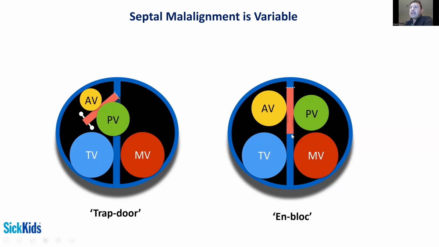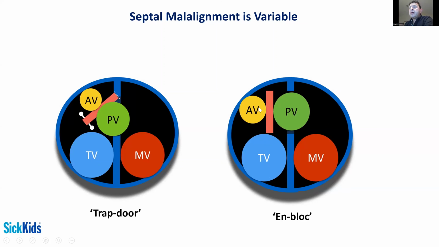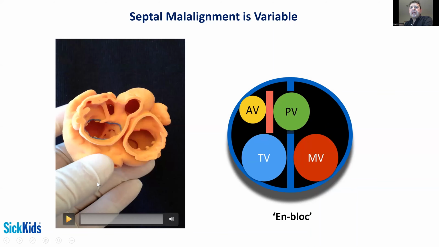Or it can, in other cases, be more of an en bloc type of deviation of the outflow septum. So again, you've got the pulmonary valve overriding the septum. But here, because it's not such a hinge type of movement of the outflow septum, the aortic and subaortic region tend to be larger. And again, here are some examples of both.